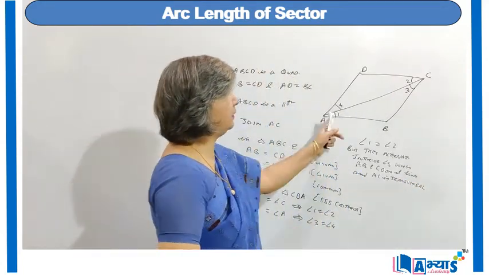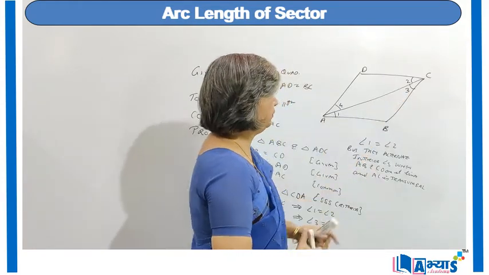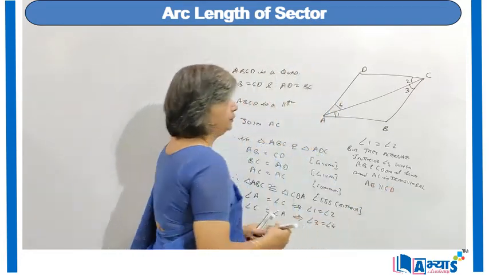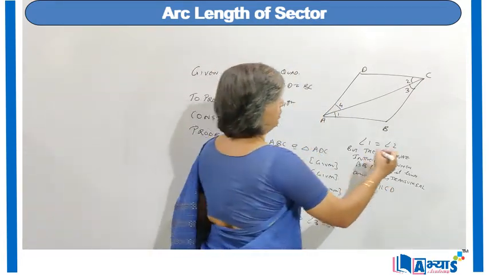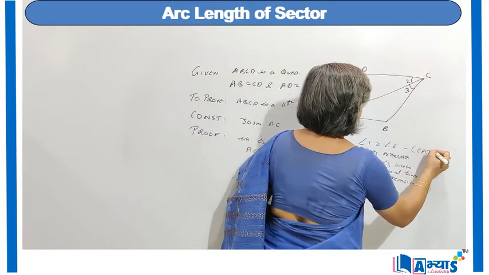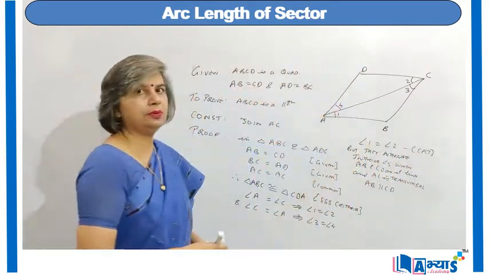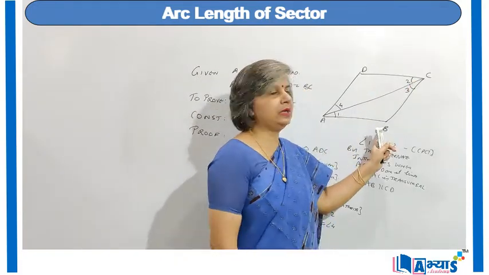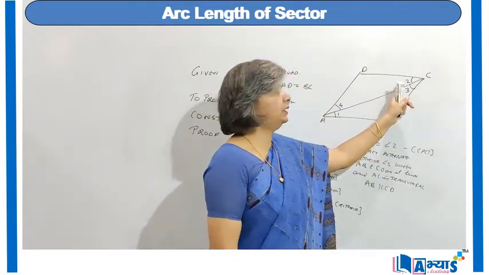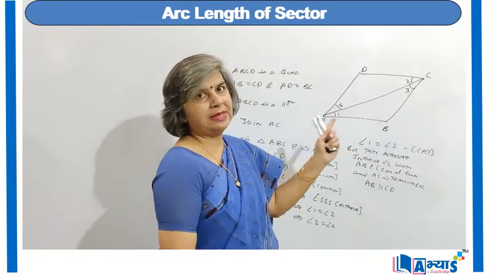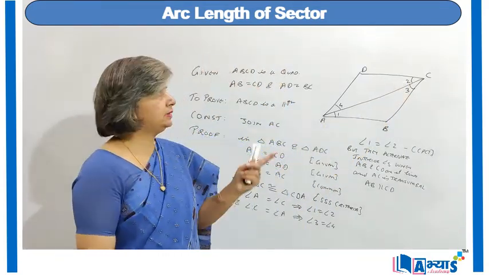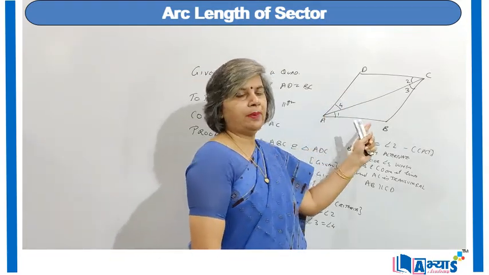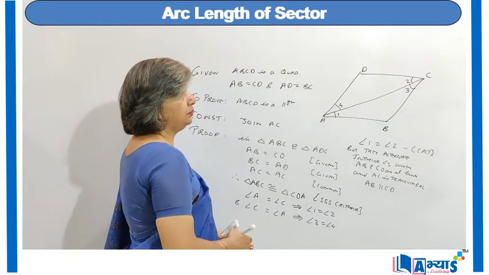Since they are equal, we can say that AB is parallel to CD. That means from CPCT we have found that angle 1 is equal to angle 2, but they are alternate interior angles when CD and AB are the two straight lines and AC is the transversal cutting them, and as they are equal, the lines should be parallel, or we can say AB is parallel to CD.